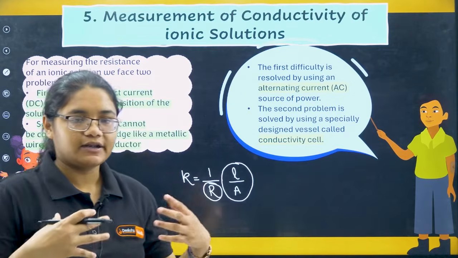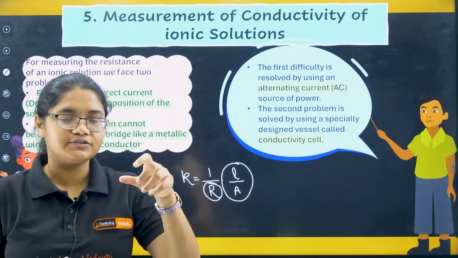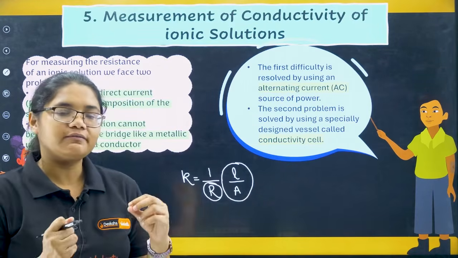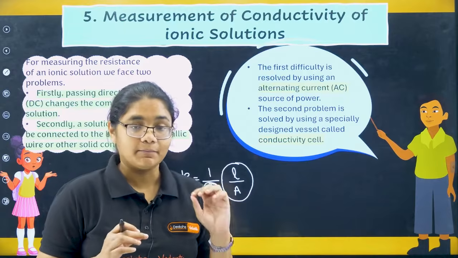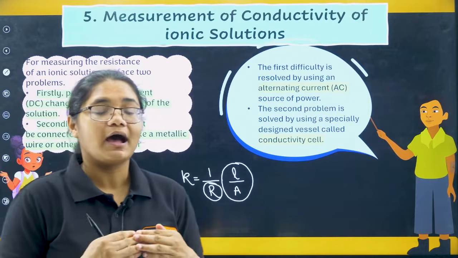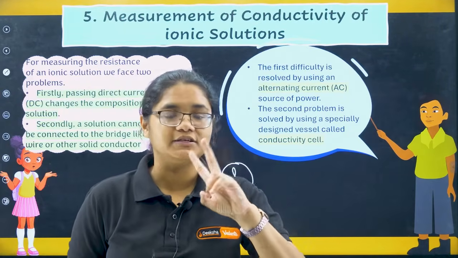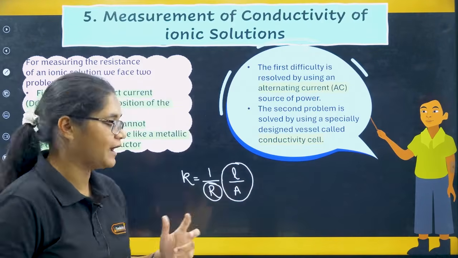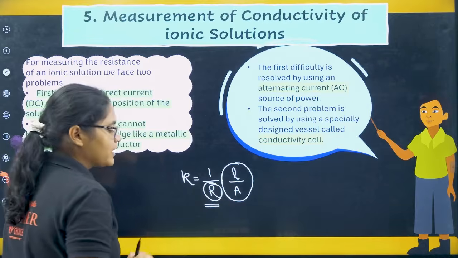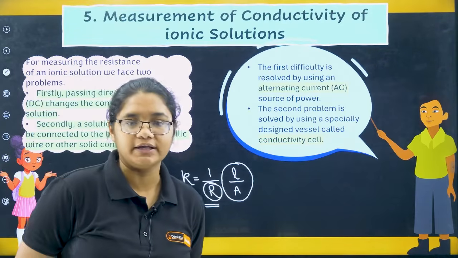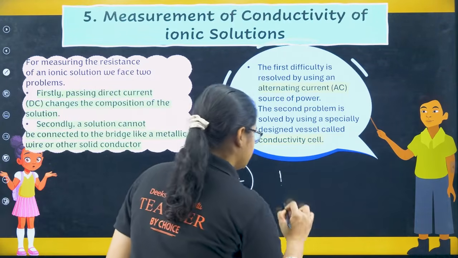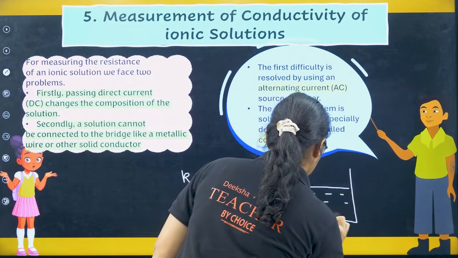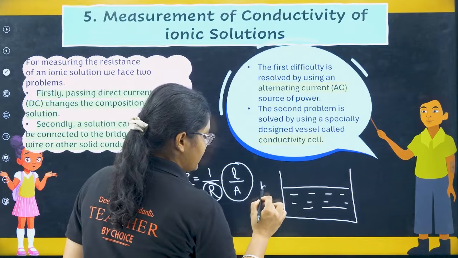If you have studied physics, to find the resistance of any conductor, we can use a Wheatstone bridge, right? But what happens in case of ionic solutions? There are two major problems. Suppose you have been given an ionic solution and you want to calculate its kappa value.